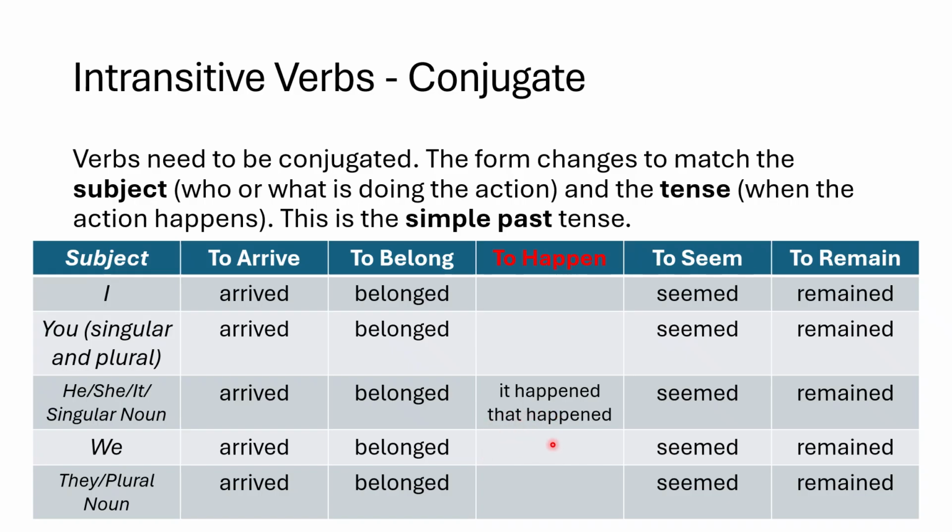That happened. I seemed. You seemed. He seemed. She seemed. It seemed. We seemed. They seemed. I remained. You remained. He remained. She remained. It remained. We remained. They remained.